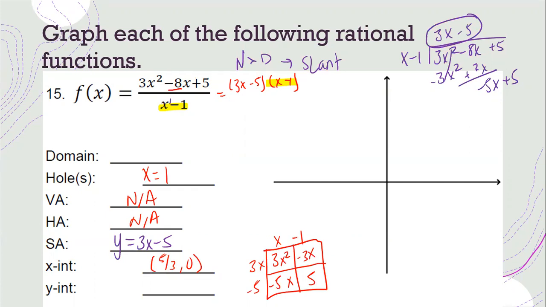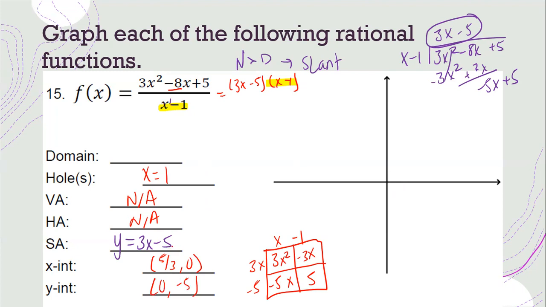Your y-intercept comes from plugging in 0 for your x. If I plug 0 in the original for all of my x, I'm left with 5 over negative 1, which is negative 5. So that's everything I need in order to graph.